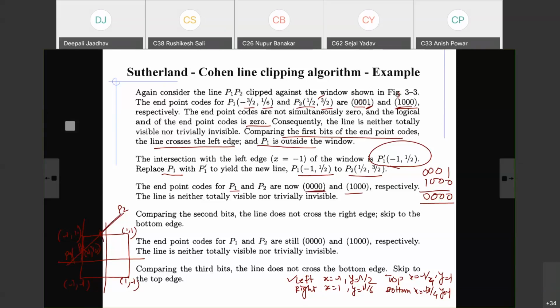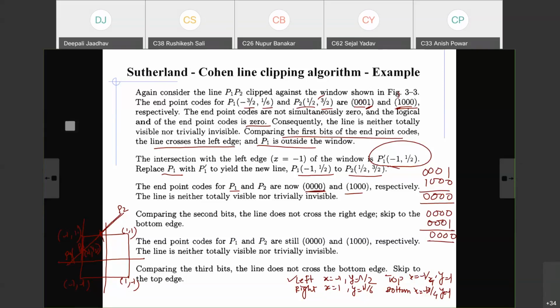So again we take the logical AND of this, and it is 0, 0, 0, 0. So the result of the logical AND is again 0. We cannot say whether the line is visible, invisible, or partially visible.